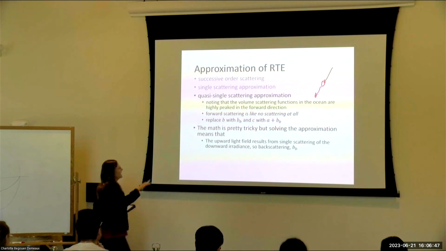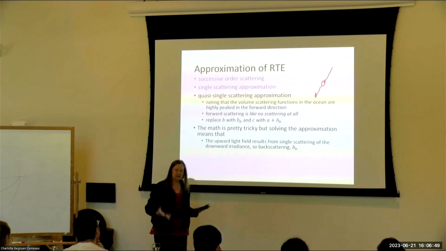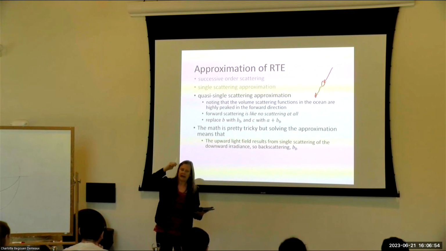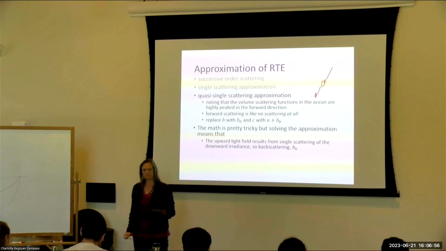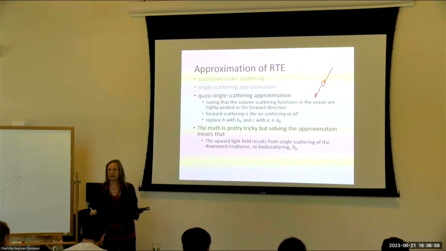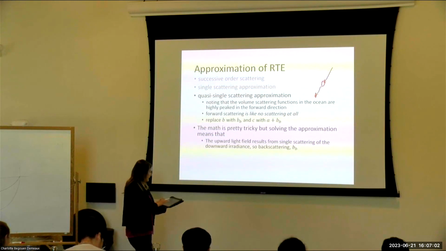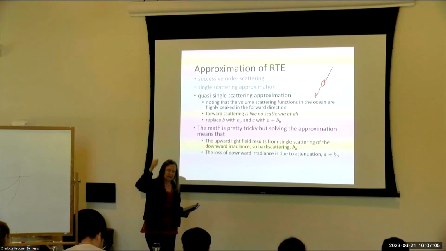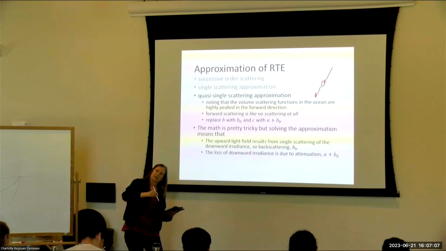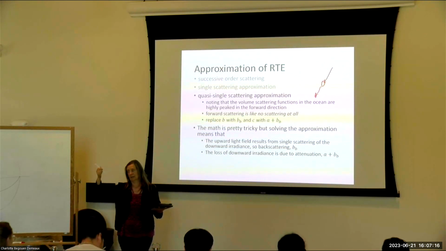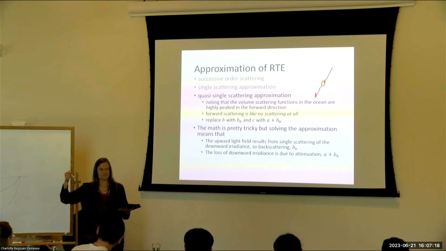But what it means is that the upward light field that you see coming out of the ocean is the result of downward light that got scattered in the backward direction once. And so it's proportional to backscattering. And it also is that the light that's coming down, that's getting scattered back up, has been attenuated. But we've already made an assumption about attenuation. We said it's a plus b_b instead of c.